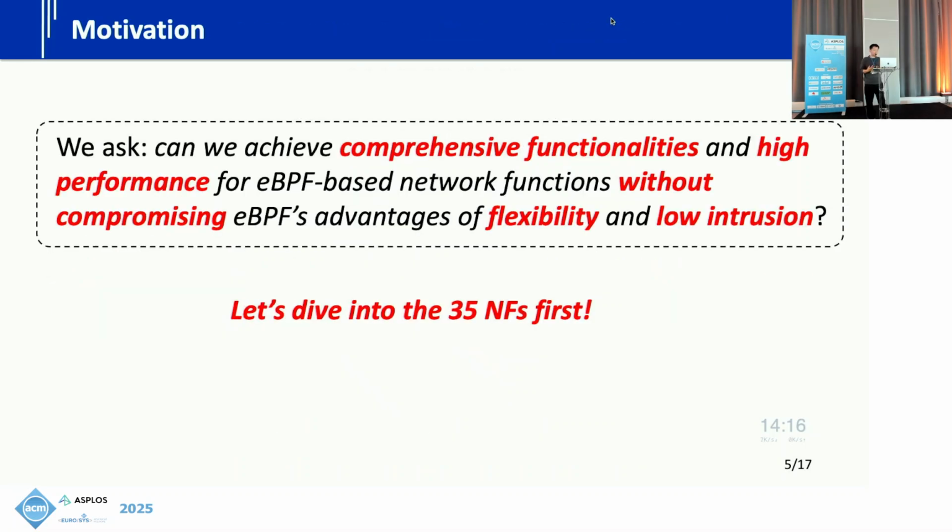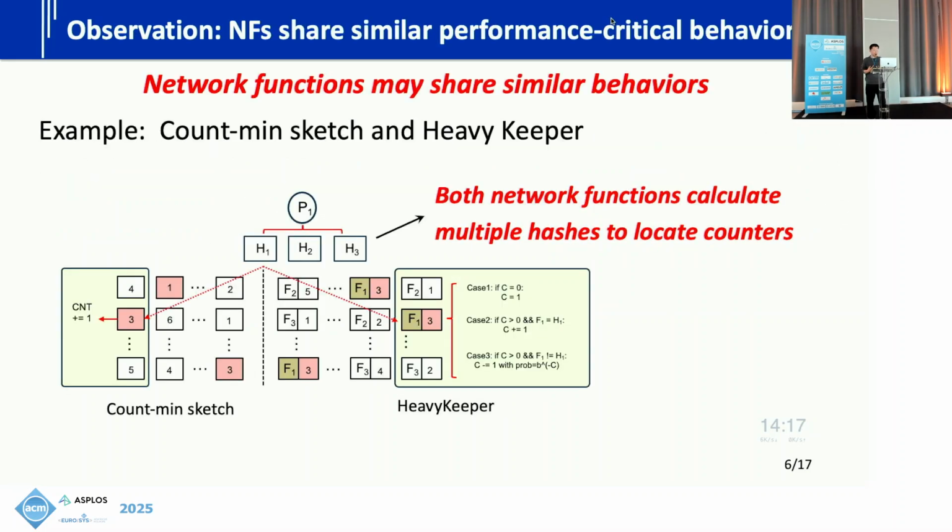This motivates our work, and we ask: can we achieve comprehensive functionality and high performance for eBPF-based network functions without compromising the eBPF advantages of flexibility and low intrusion? To answer this question, we first dive into the 35 network functions. We observed that network functions usually share similar behaviors.